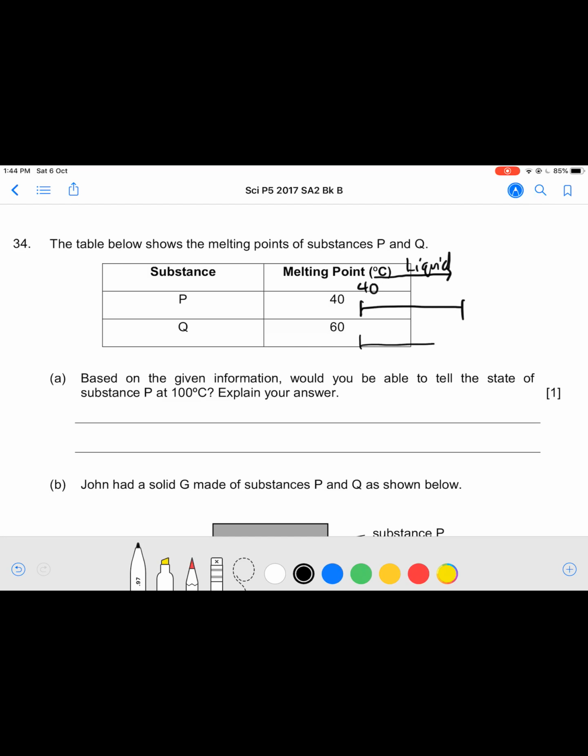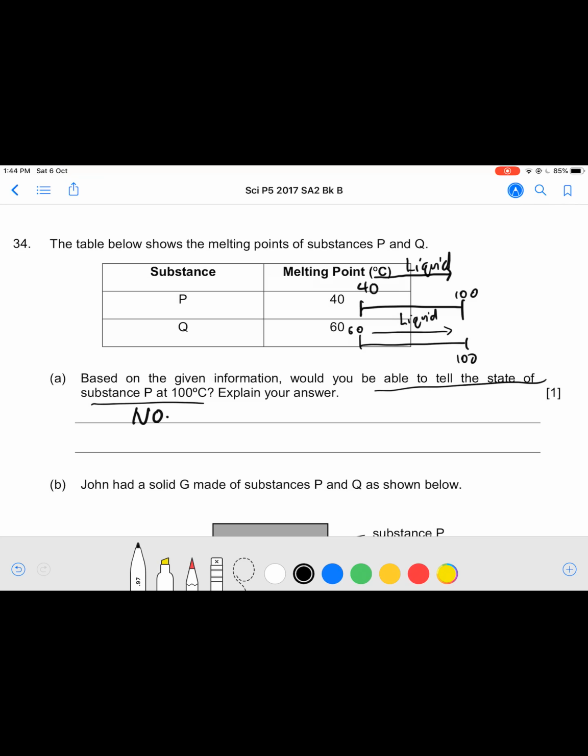Over here, it is at 60. For it to be at 100, it seems to be in a liquid state also. But the problem is, did they mention about the boiling point? Because if the boiling point happens to fall below 100, it won't be liquid anymore, right? It could be already a gaseous state. So would I be able to tell the state of substance at 100?